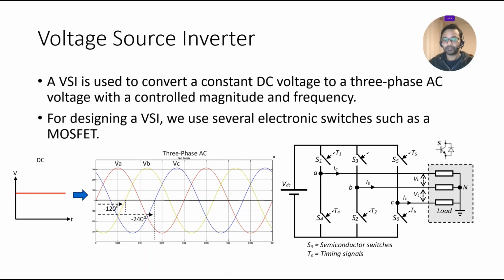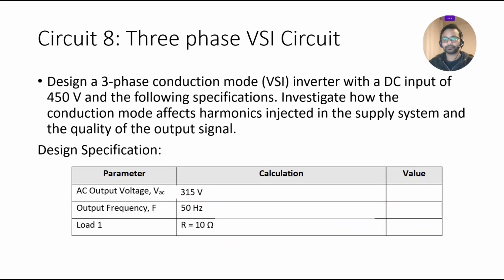So let's have a look at the question. So basically, we have to design a three-phase conduction mode VSI inverter with a DC input of 450 volt and the following specification. So these are the specification which we have to use to implement this three-phase VSI circuit.